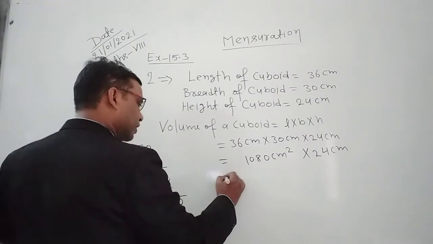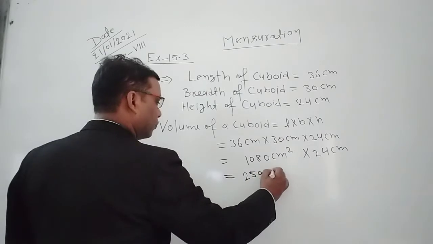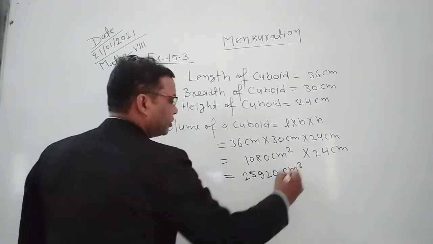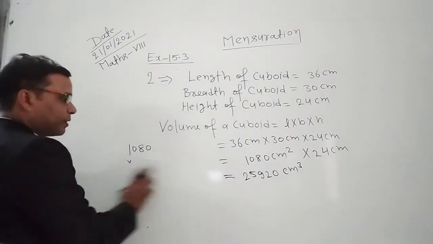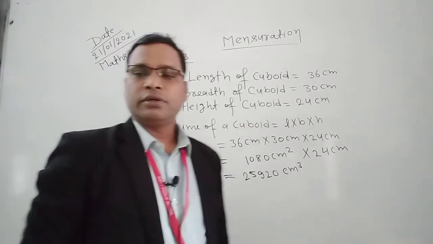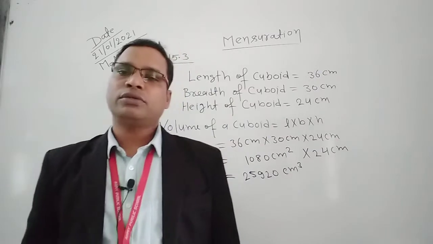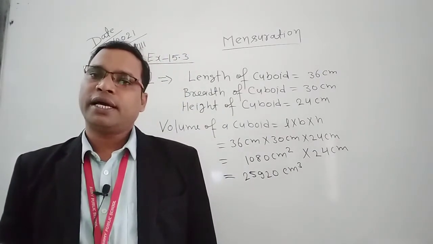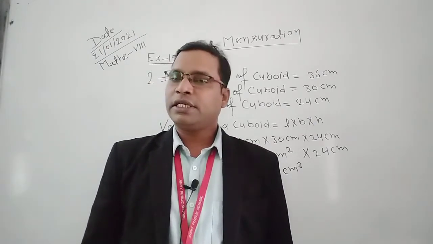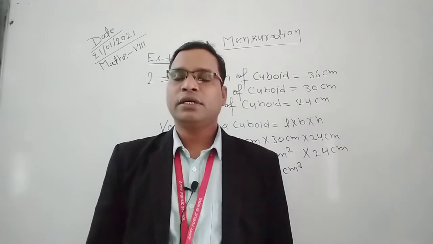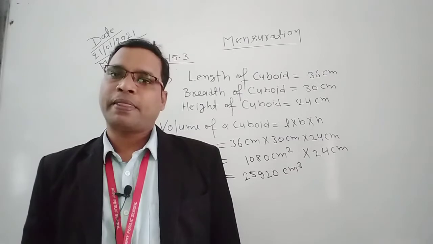So in this way you can write here 25,920 centimeter cube. So you can see here we found the volume of the cuboid whose length, breadth and height are given as 36 centimeter, 30 centimeter and 24 centimeter: it is 25,920 centimeter cube.